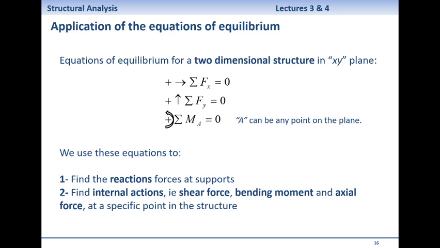A force of 10 kilonewton at a distance of 10 meters is producing a moment of 100 kilonewton meter.